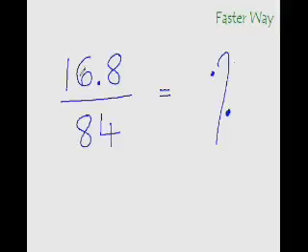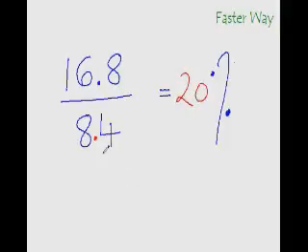So you know that 10% would be 8.4, but this is more than that, so you know that the answer here is more than 10%. How much more? Let's take 20%. So double of 8.4 would be 16.8, and voila, we have the right answer. So the answer here is 20%.